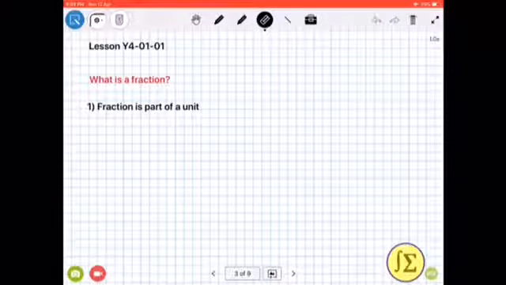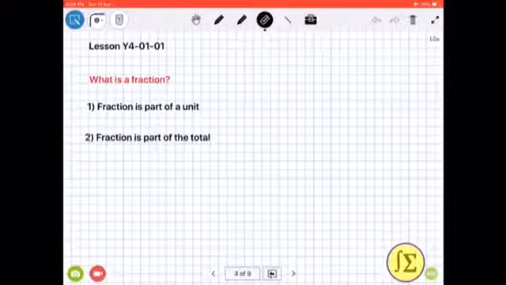For example, if you have a pizza, a slice of pizza is part of a whole pizza. So that slice is a fraction of a whole pizza. Or a fraction can also be defined as part of a total.